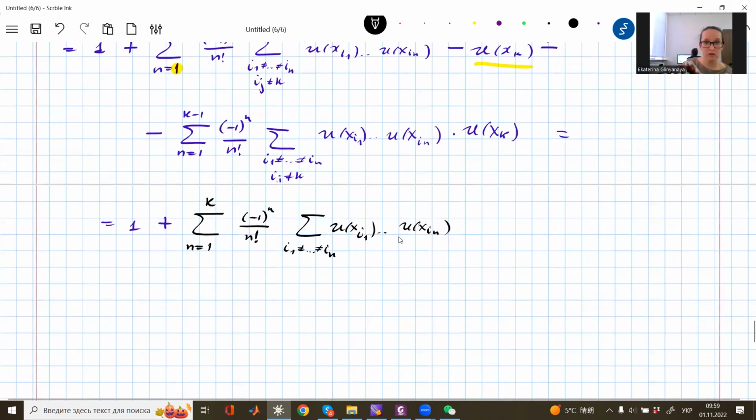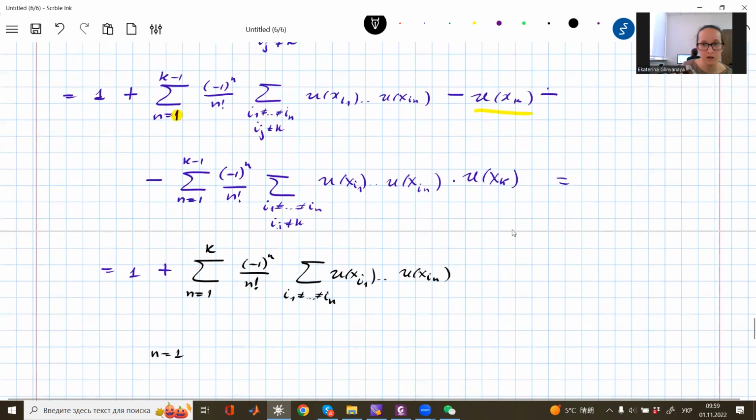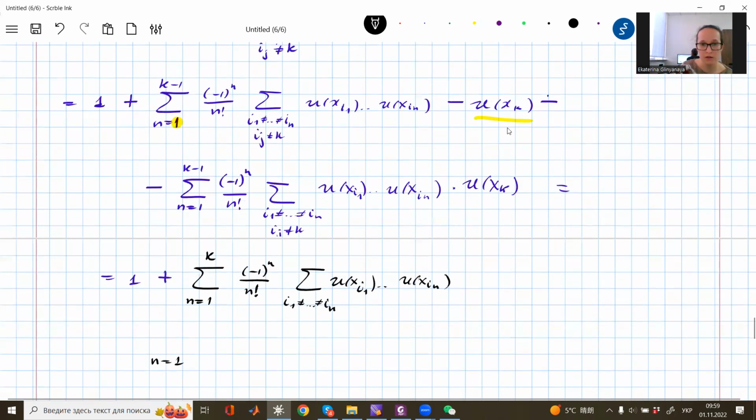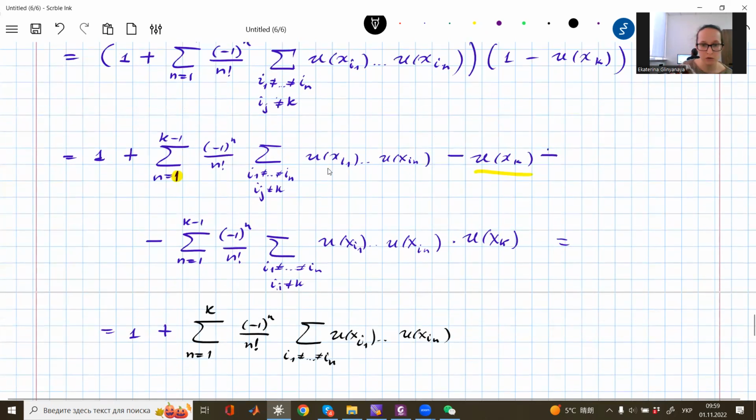So why is it so? For n equal to 1, I take from this one, and here I have just not a product, but a summation over all indices that are not k.